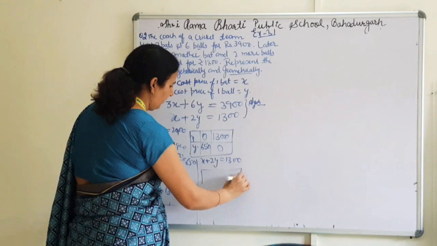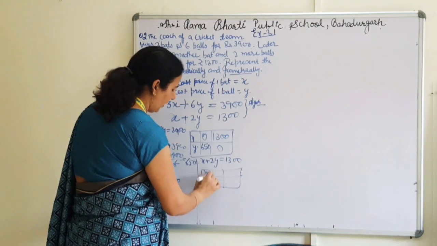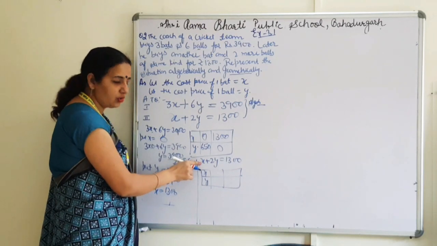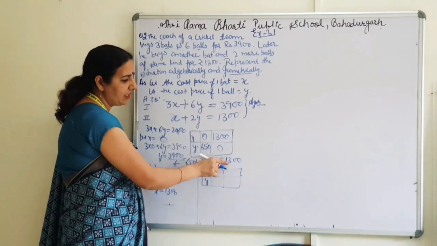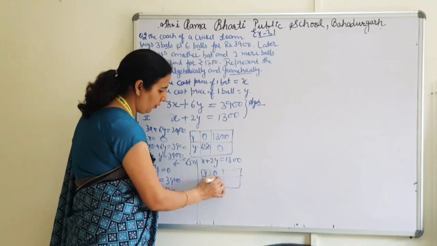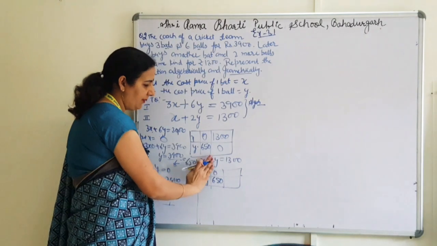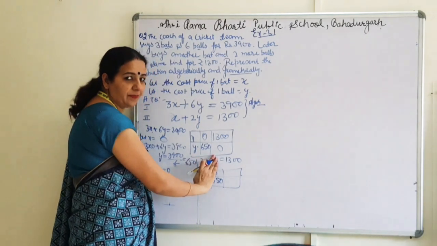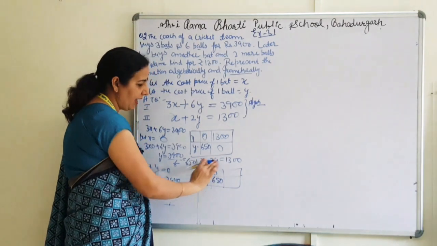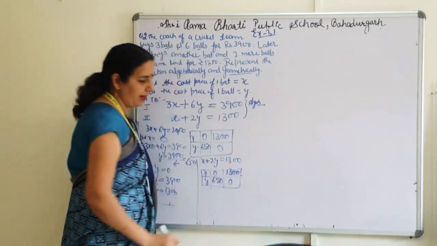The table will be like this: x, y. Put x is equal to 0. So 2y is equal to 1300. So when you put x is equal to 0, y will be equal to 650. When y is 0, this term will vanish, so x is equal to 1300.